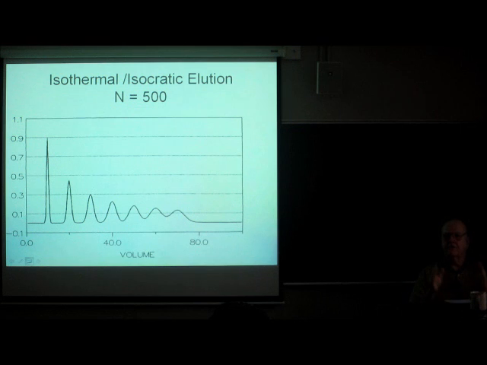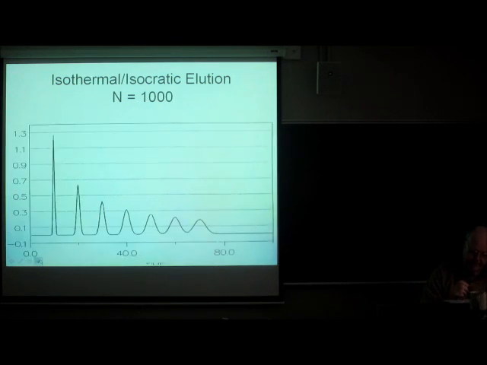This is an identical set of parameters for all the peaks, except I've made the number of theoretical plates twice as big. What do you see? This peak got bigger, it got narrower, but then we have the same trend. Wider and stumpier. If I increase the number of plates again, I almost have enough plates now so that even this is a semi-decent separation.